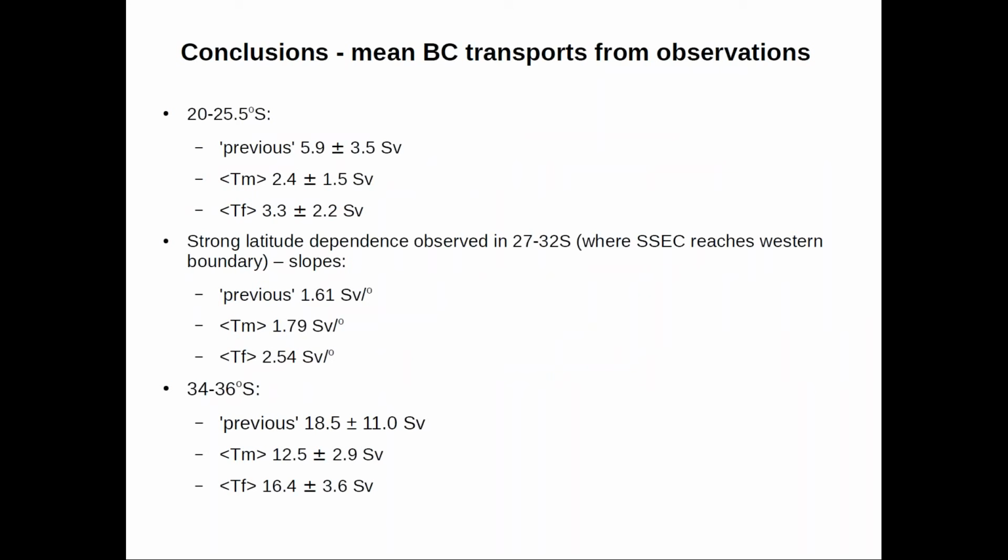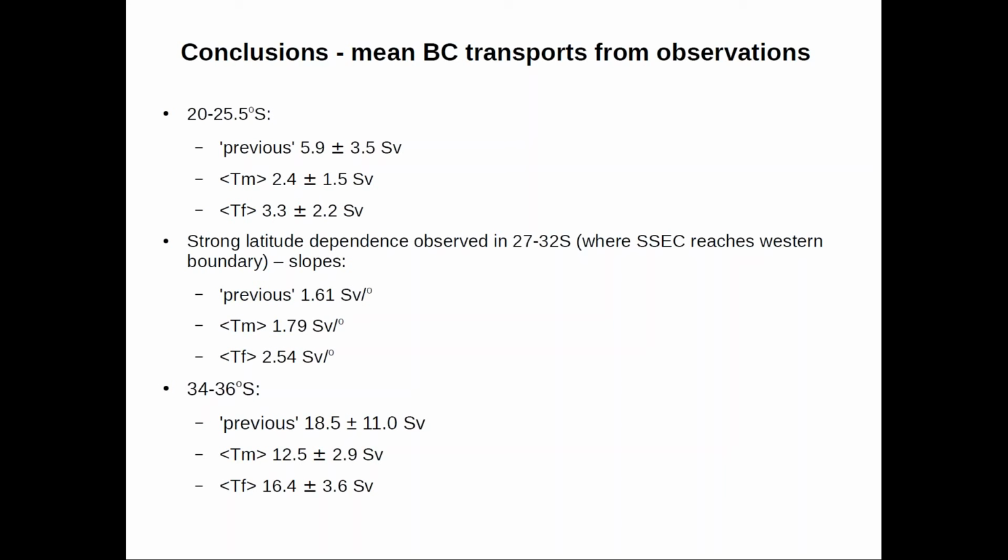Then we had the means in the northern part of the Brazil current, where we get a little bit lower values than the previous studies, but it's within the standard deviation envelopes. We get a similar slope for the meridional transport compared with previous estimates, but not for the full transport.